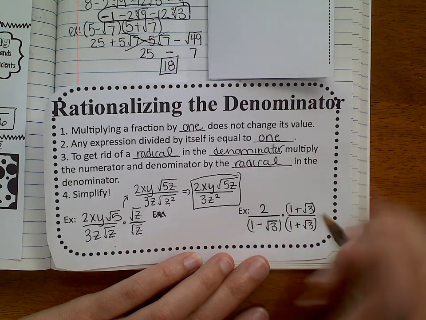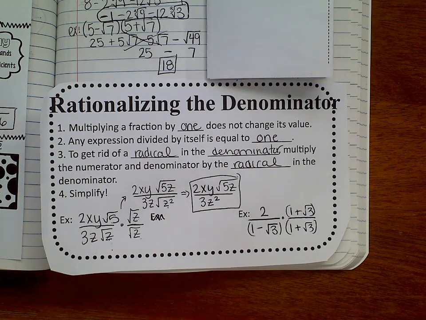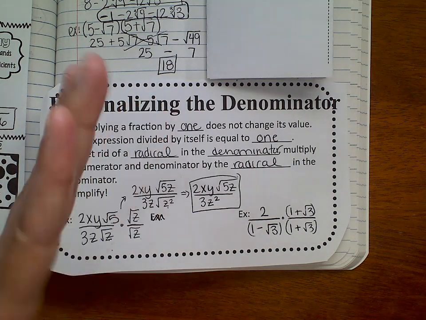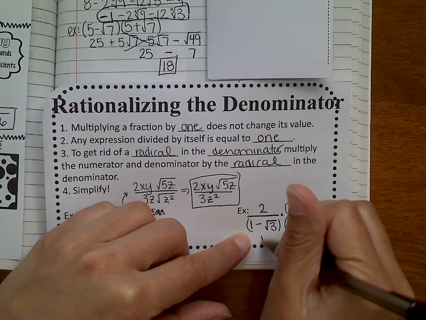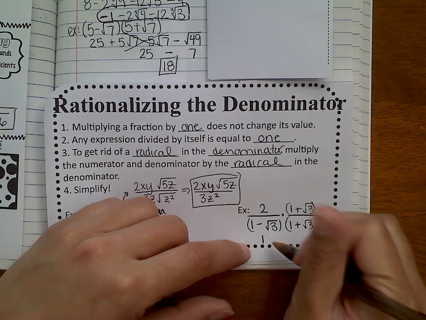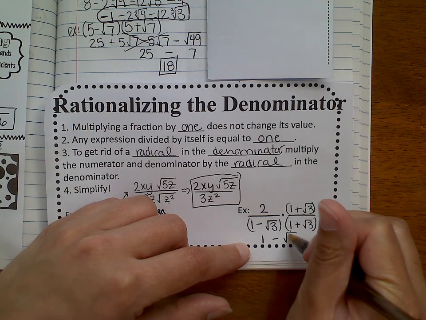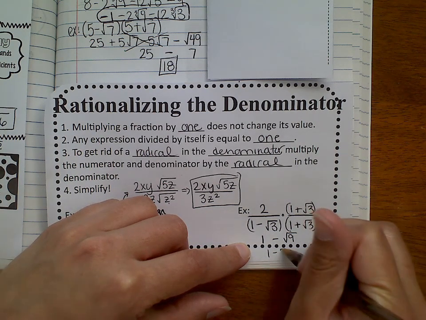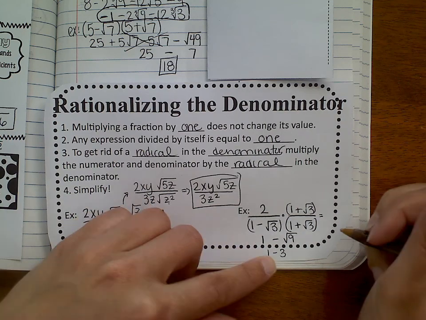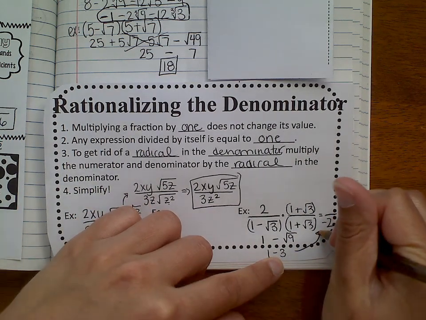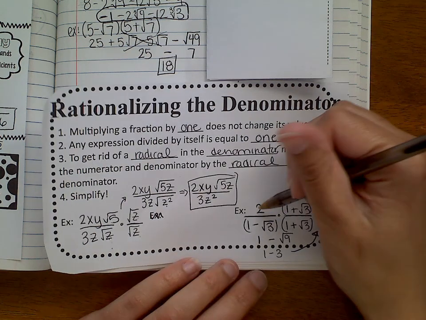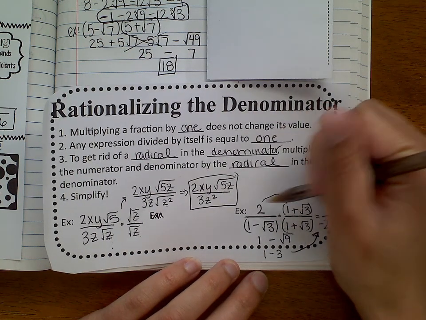So in the denominator there, we can FOIL it fully, but the outer and inner terms will just disappear. So really you just have to do first times first, which is 1, and last times last, which is going to be negative root 9, which is 3. So your full denominator there becomes negative 2. Now on top, I have one number times two numbers, so I'm going to have to distribute that 2.